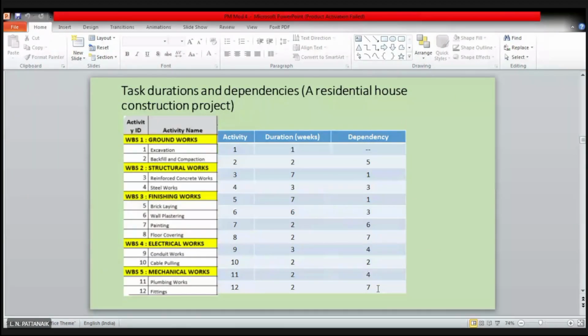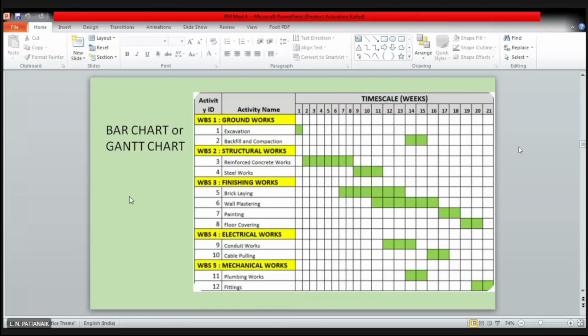Now let us see how the Gantt chart for this particular program is constructed. Yes, in the next slide. Yes. So this is the bar chart or the Gantt chart. As I said, you must have some experience of this kind of scale charts earlier also.